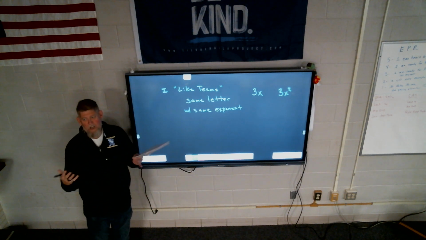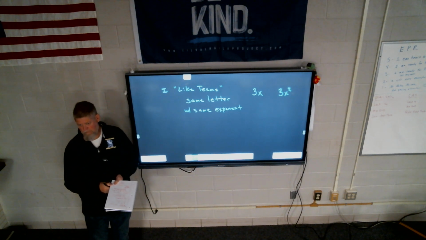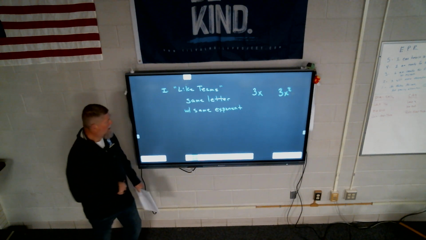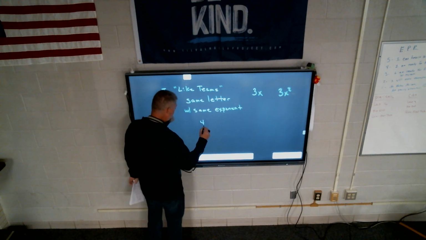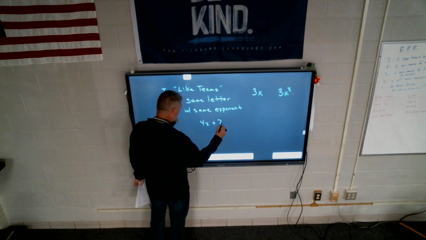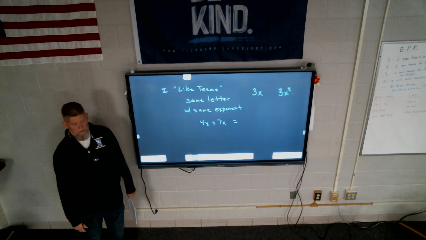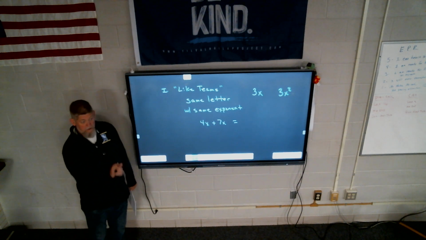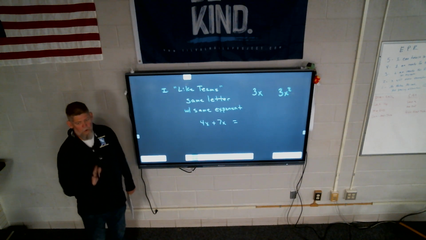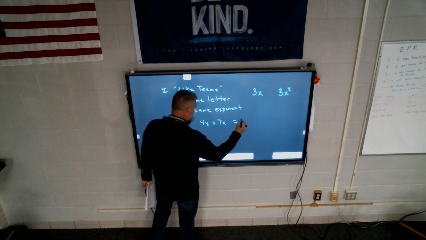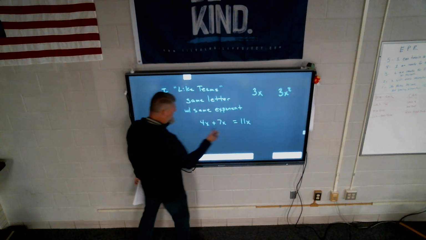Now, what can I do with like terms? Combine, add, subtract, whatever. If I had something like 4x plus 7x, what's my answer and why? 11x. It's not squared. They're like terms, with the same letter and the same power.